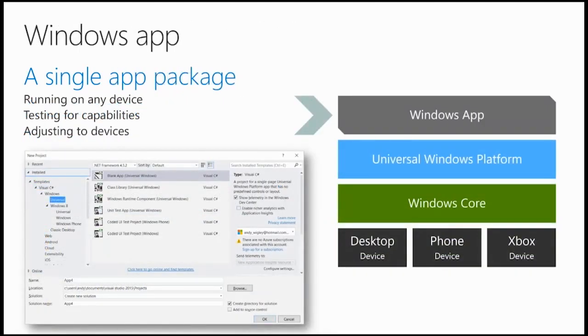Now, if you build your application once using these UWP APIs, you can run that same application on all of these devices without having to change a single line of code if you don't want to. So you can just take your app code and deploy it to any other device you want to.